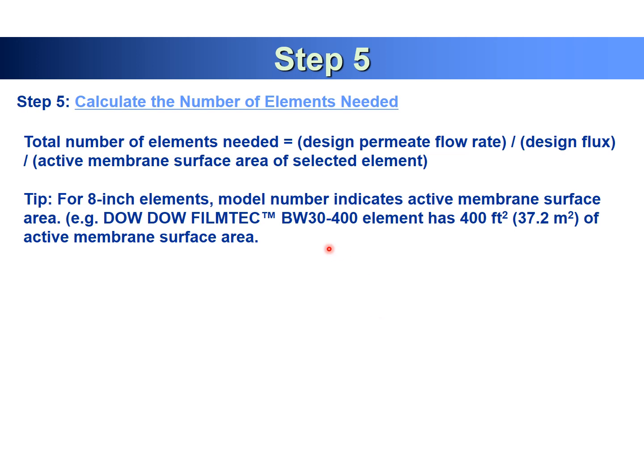The BW3400 element, already mentioned, has 37.2 square meter of active membrane area. So this is already a given number, 37.2 square meter. And then what's your design flux? 20 LMH. And what's your total amount of permeate flow rate? Let's say 200 cubic meter per day. So based on the unit conversion, you can calculate how many elements needed for your total water.